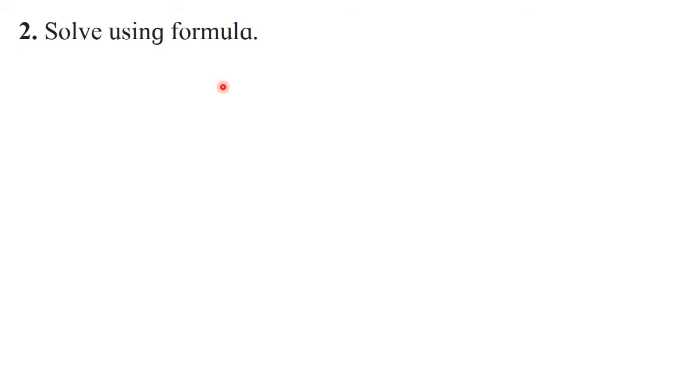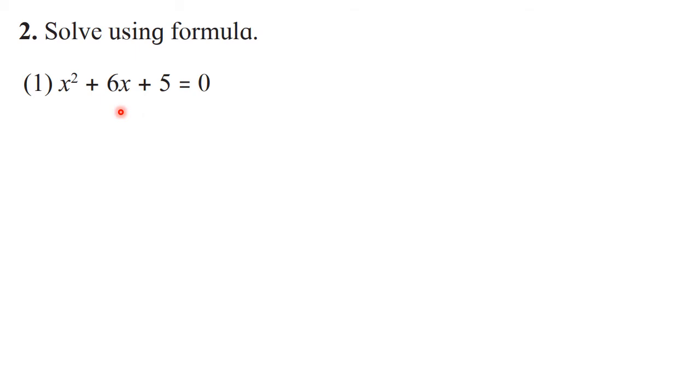So all these steps should come to your mind immediately after reading the question. Let us go for the first one now. x square plus 6x plus 5 is equal to 0. The very first step is to check whether the given equation is in standard form or not. Yes, it is in standard form, so no need to convert.